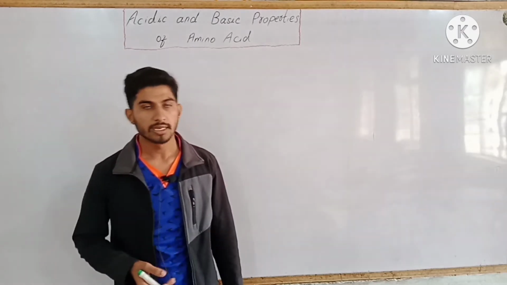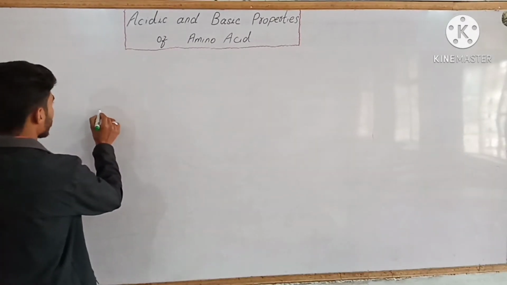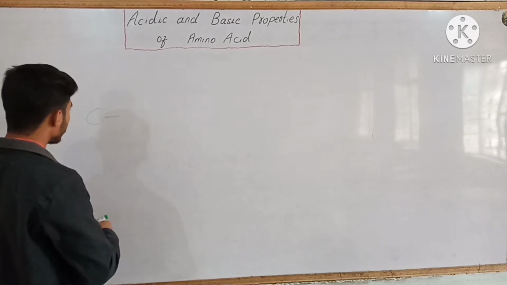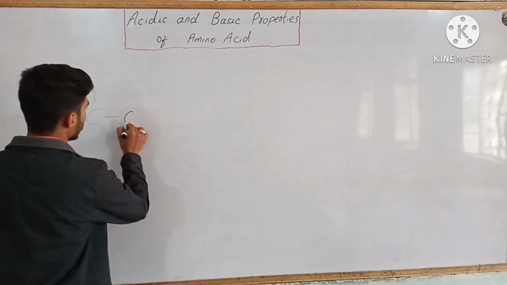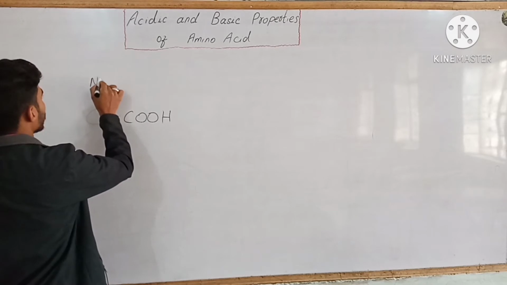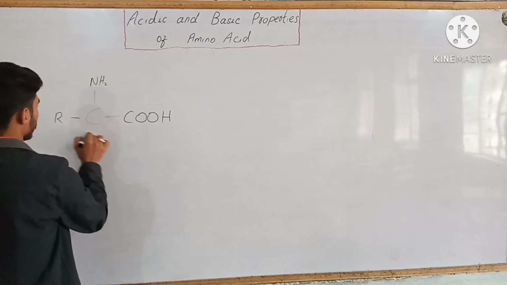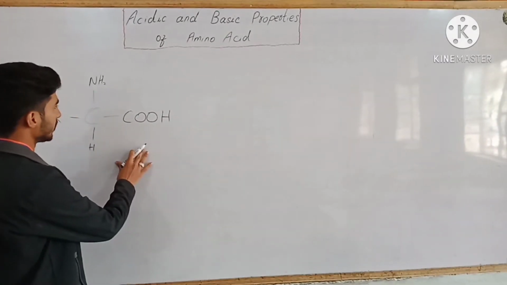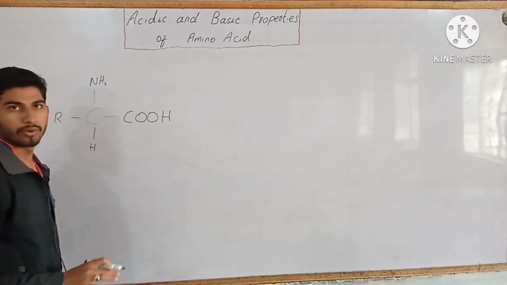Okay, now let's start. Consider an amino acid which contains an alpha carboxyl group and an alpha amino group.